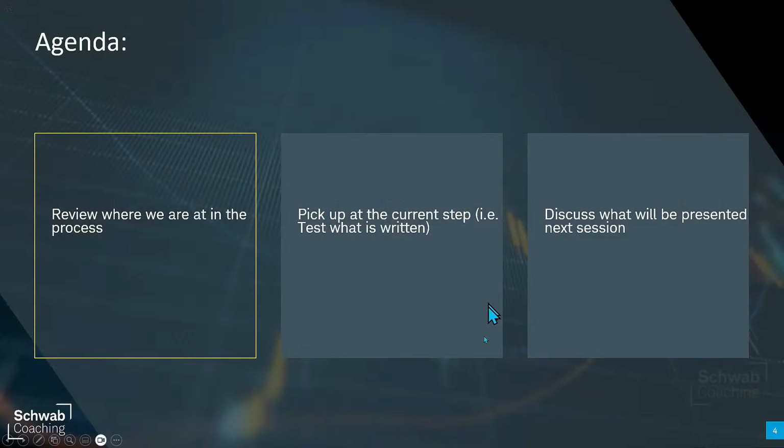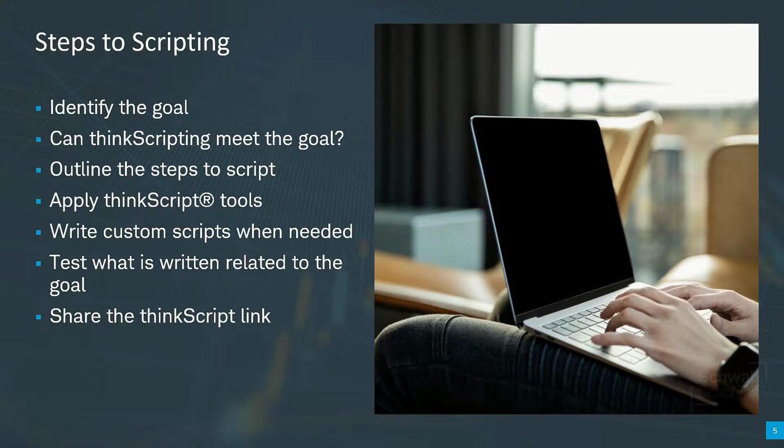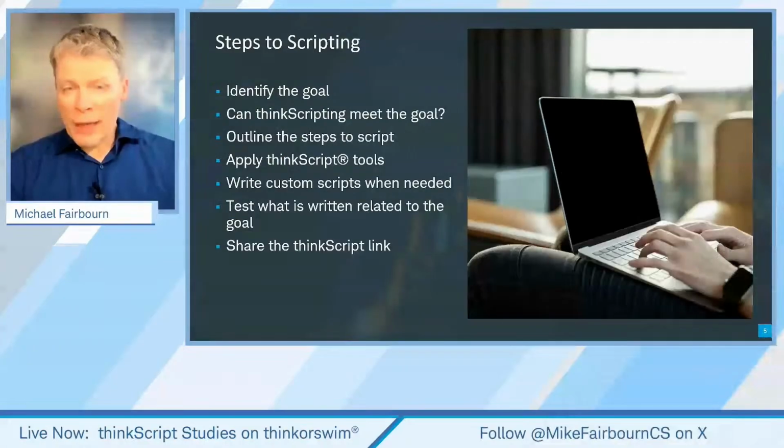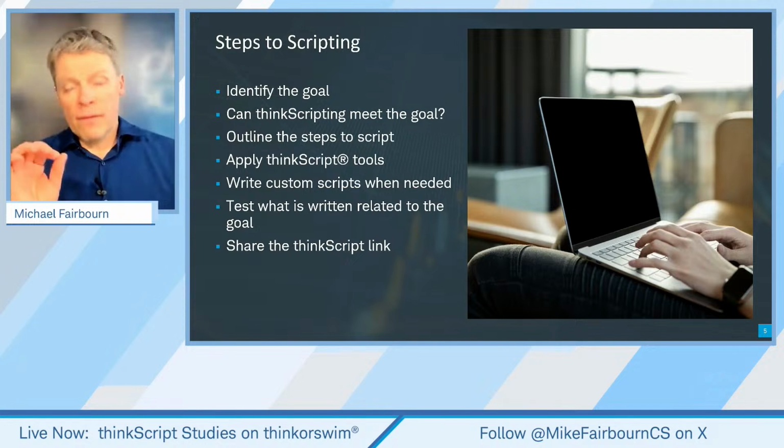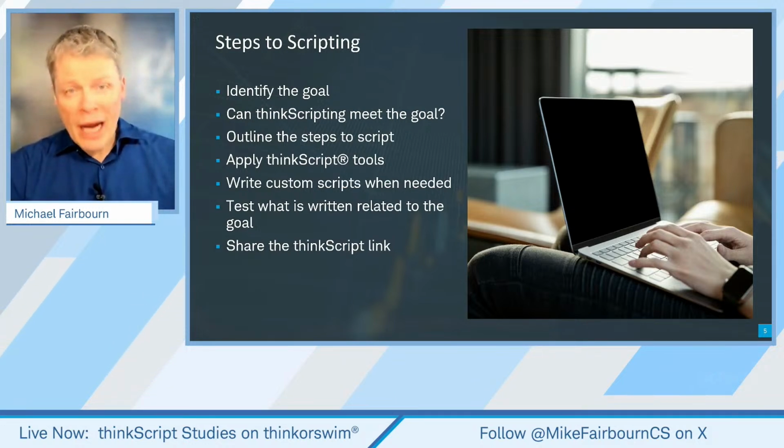Having said that, let's take a look at some of the steps to scripting that we review each and every week. We identify a goal in mind. Today, actually throughout this week, I was looking at the concepts of price data, understanding price changes at the very basic level: open, high, low, and close. What are some indications we get there?